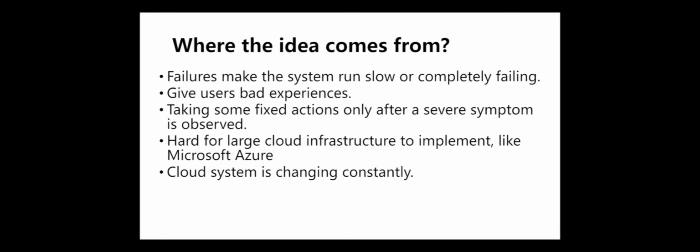When a fire happens, it will cause the system to run slow or shut down totally. Then the technicians need to detect and fix the issues quickly. But during the time of detection and mitigation, users have bad experiences. Ideally, the system should keep running without any interruption, so we can give users a good experience.